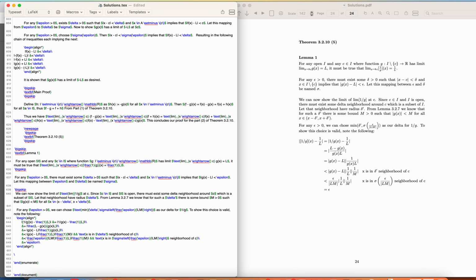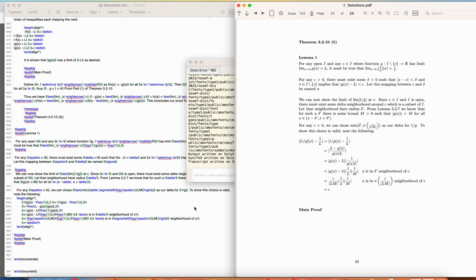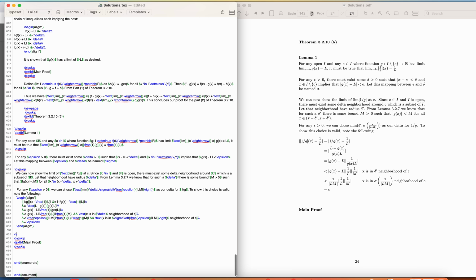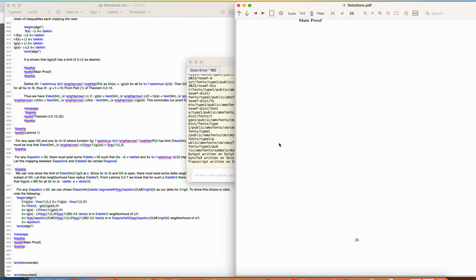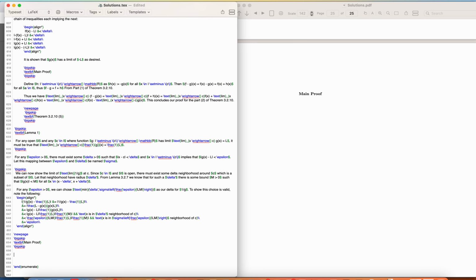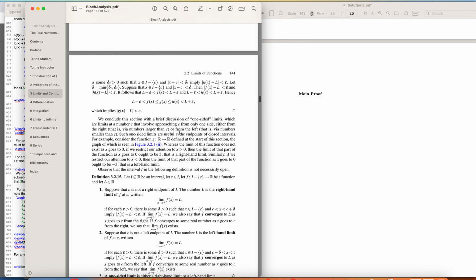So since the lemma is demonstrated, we can move on to the main proof. Let's make this the main proof. Maybe the main proof can be in the next page. Let me see the question again.